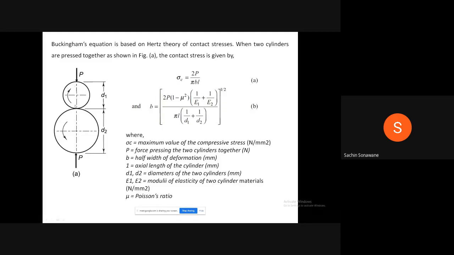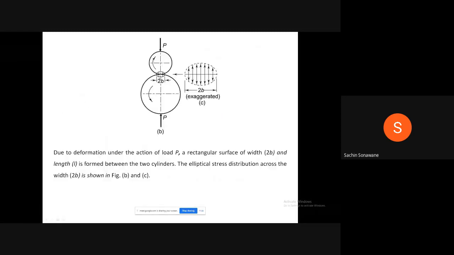Now these two circles you are seeing have diameters D1 and D2. In case of Buckingham equation, he has considered two gears as two cylinders. This is the front view of the two cylinders. This is the deformation length.